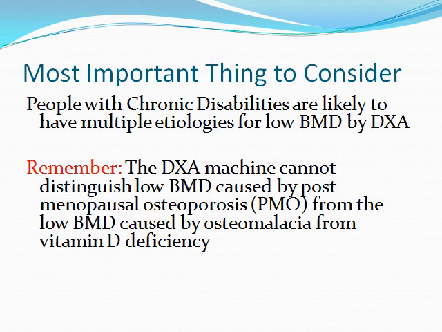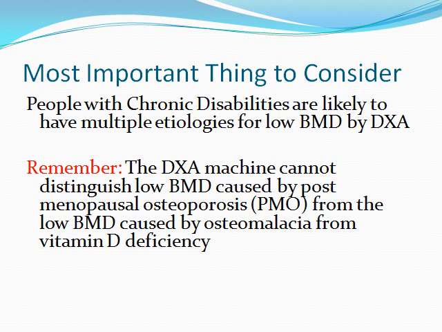So the most important thing to consider: people with chronic disabilities are likely to have multiple etiologies for low bone mineral density by DEXA. So if you get a T-score of -3 or -2.5, something like this, or -1.5 osteopenia, there may be a combination of aging, kind of osteoporosis kind of stuff going on, or there could be some osteomalacia from vitamin D deficiency.